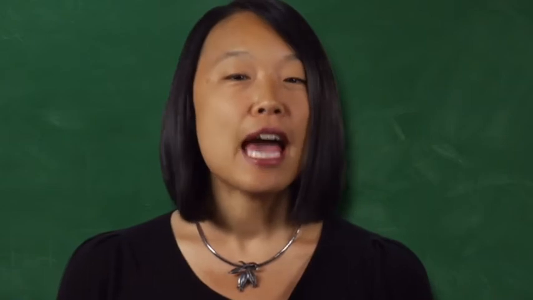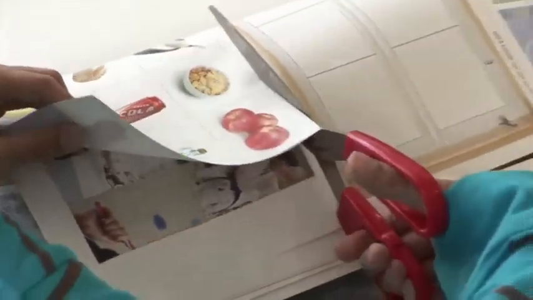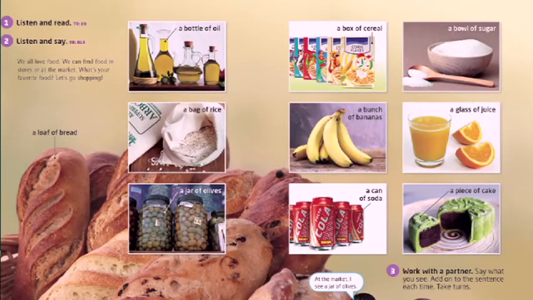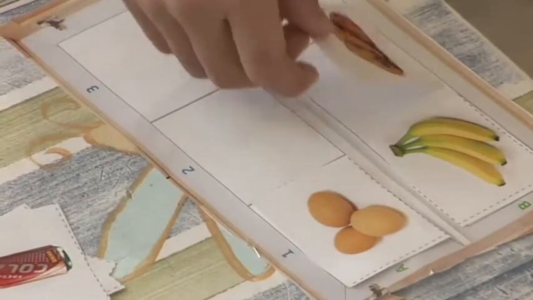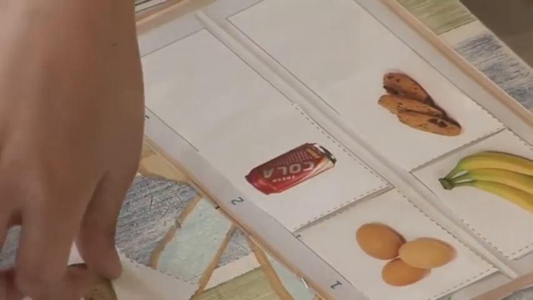Let's take a look at one game in Level 3 in the unit What's for Dinner? In this board game, students cut out pictures of different foods, which include the vocabulary for the unit, such as bowl of sugar, loaf of bread, bunch of bananas, etc. Then they place them on the board, making sure their partner doesn't see where.